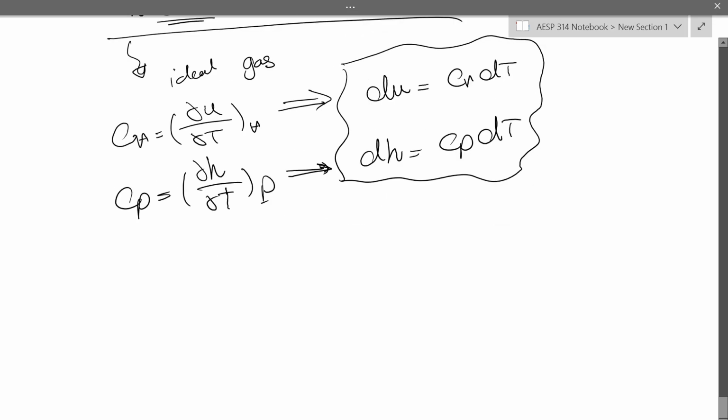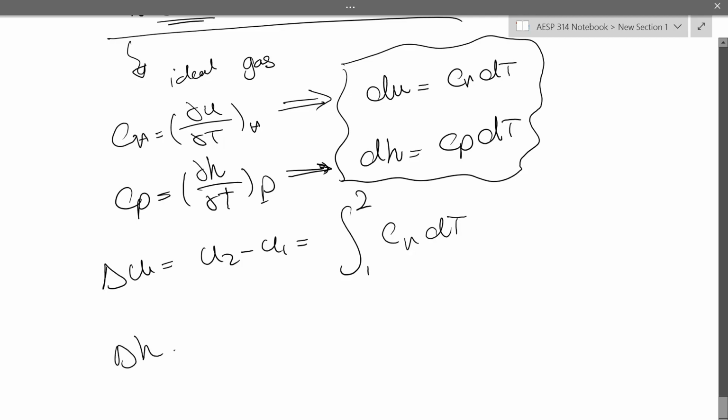So du, the derivative of internal energy, is Cv dT, and the derivative of enthalpy is Cp dT, which essentially means that for finding the delta U, the internal energy change between two different states, you just have to take the integral of Cv dT, and for finding the delta H, you just have to take the integral of Cp dT.